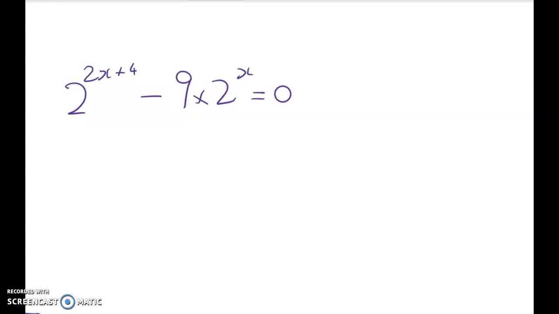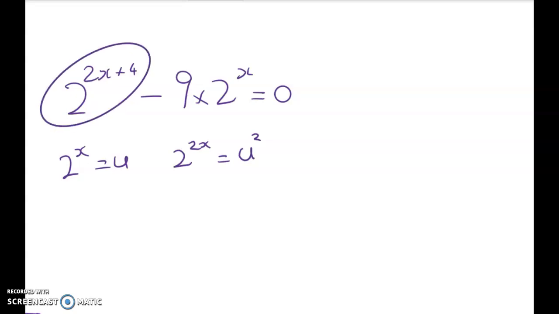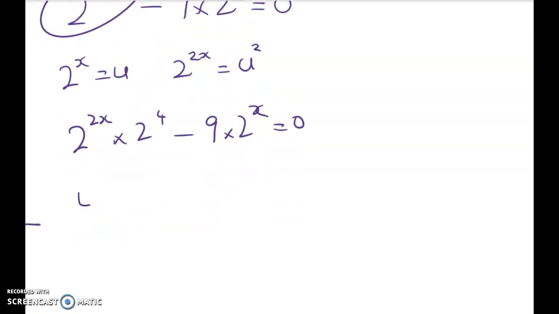And we know that if we let u equal 2 to the x, then 2 to the 2x is u squared. And we can split this power up. And again, this is kind of merit level 2 NCEA. So 2 to the 2x times 2 to the 4 minus 9 times 2 to the x is equal to 0. That gives us u squared, so 16u squared minus 9u is equal to 0.